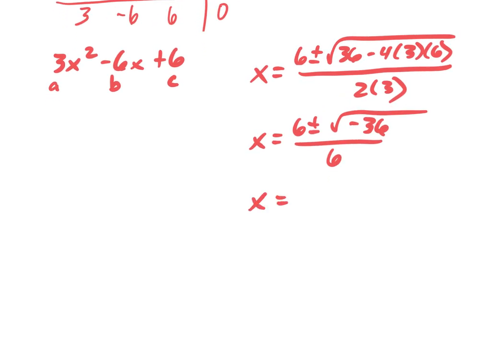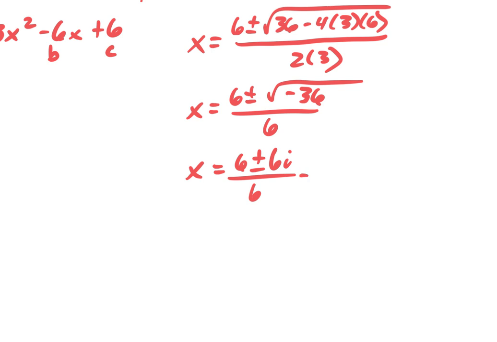What happens when we take the square root of -36? 6i. Both of these could then divide by 6. So we get 1 plus or minus i.